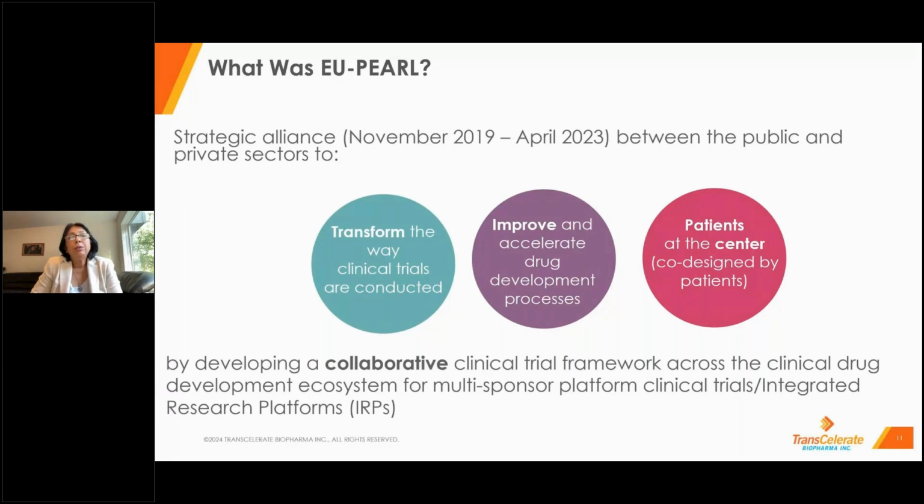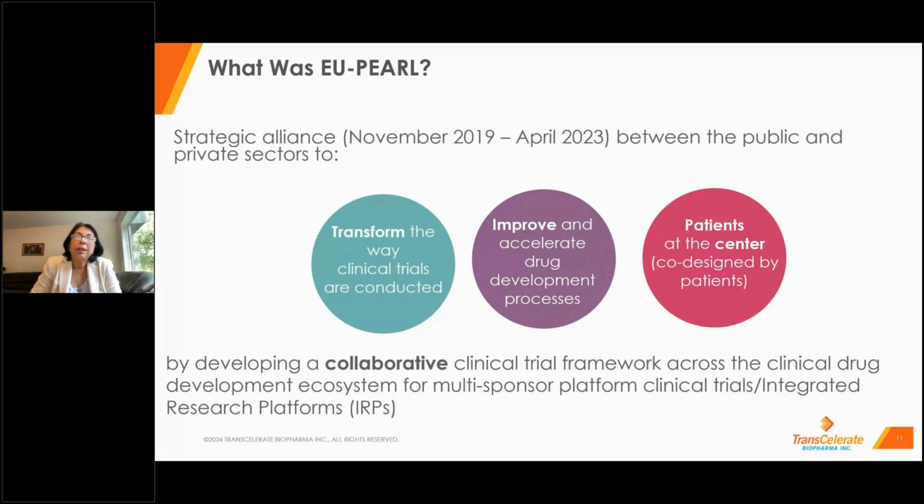So what EU-PEARL provided was an international ethical and scientific quality standard for designing and conducting trials that involved the participation of human subjects. So we all know that with COVID, there was a heightened awareness of the importance to design trials where multiple therapies could be simultaneously tested.